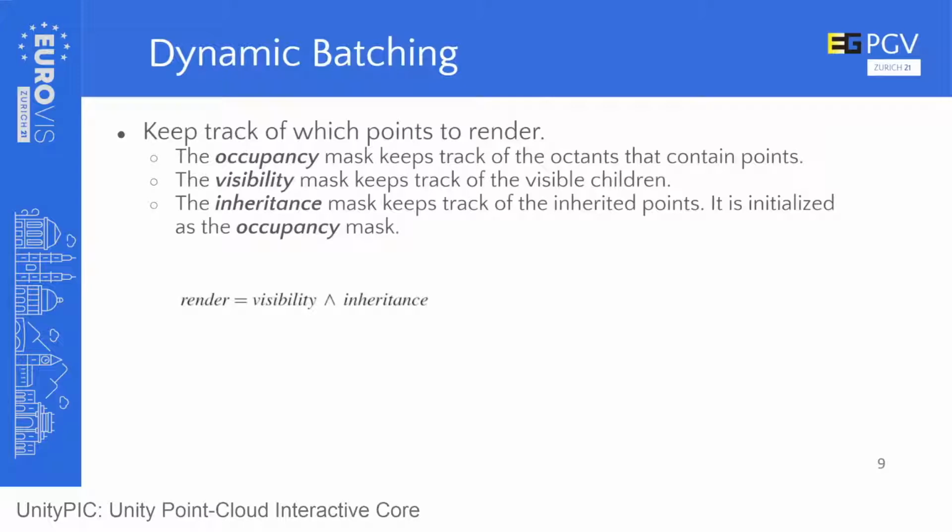The final render mask is computed as the logical AND of the visibility and inheritance mask. In other words, what this means is that a point is only rendered if it is visible and not inherited by a child. So this ensures that only a single copy of each point is rendered.